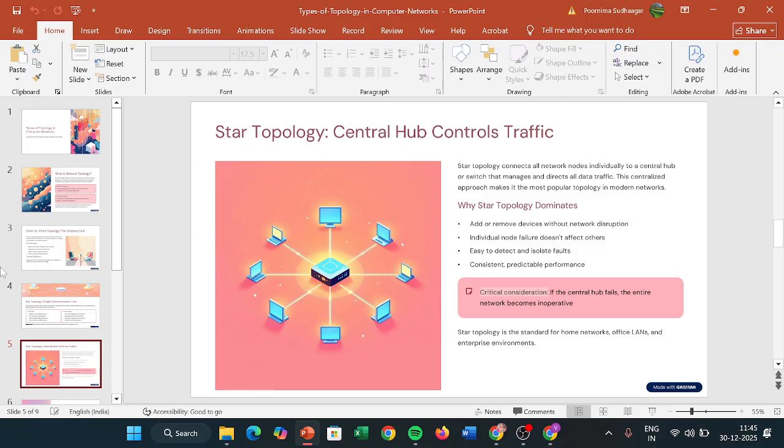Individual node failure does not affect the other nodes, it is easy to detect and isolate faults, and it has consistent and predictable performance. Star topology is the standard for home networks, office LANs, and enterprise environments.